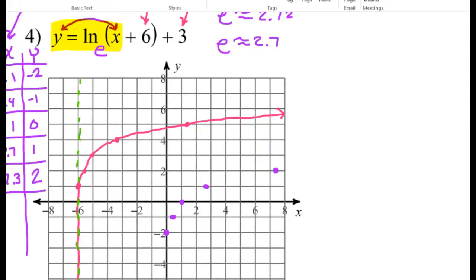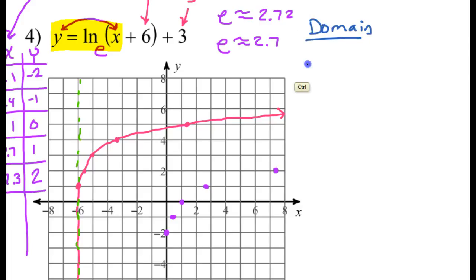Okay, let's go ahead and do the domain and range and asymptote. So the domain from left to right is negative 6 to infinity.